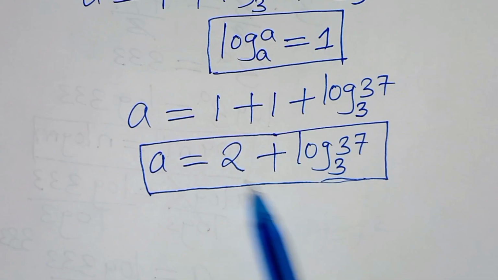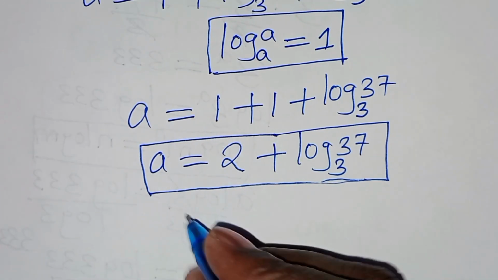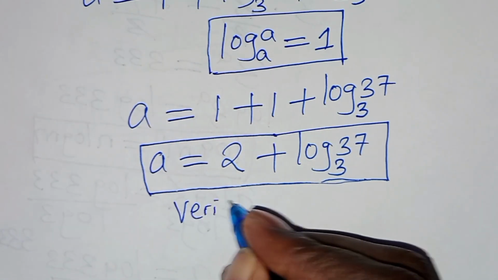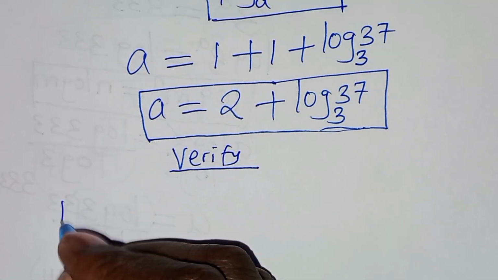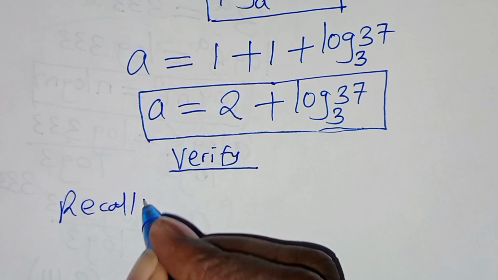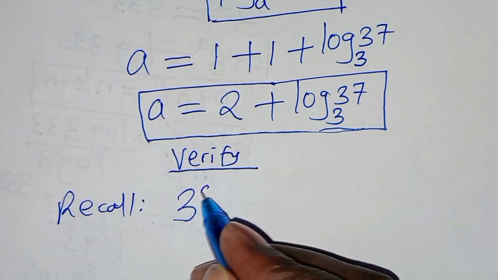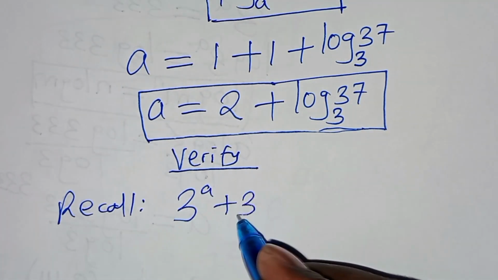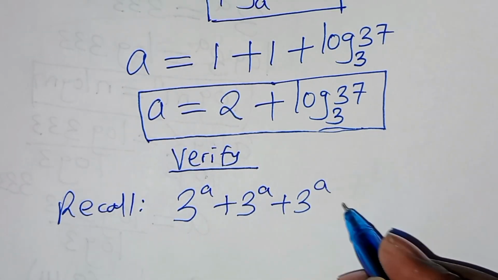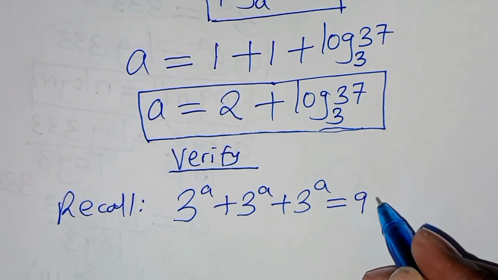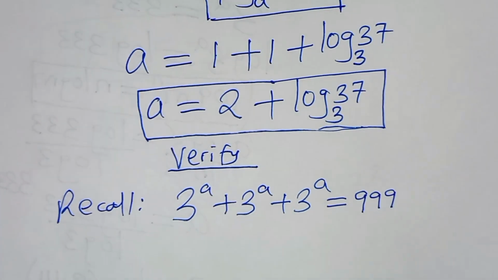So let's verify that this value of a actually satisfies the equation. If you recall, we have 3 to power a plus 3 to power a plus 3 to power a. This should give us a value of 999.